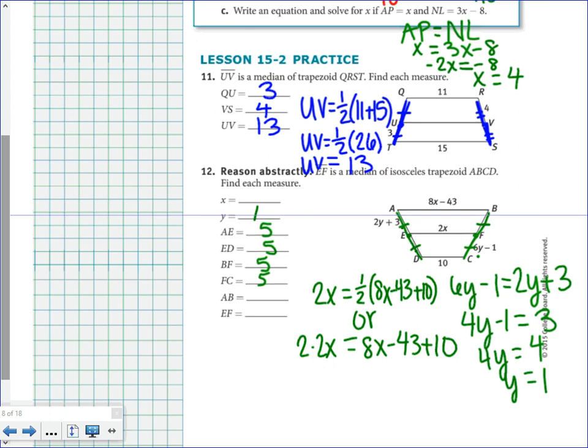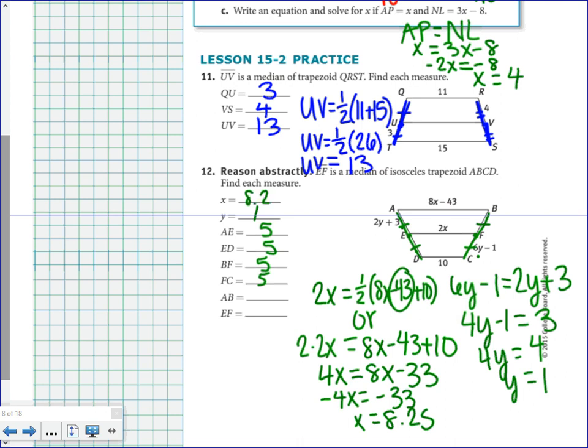I'm going to choose the bottom one just so that I don't have to take half of 43, but either way you'll get the correct answer. So 2 times 2x is 4x equals 8x minus 33. Subtract 8x to get negative 4x equals negative 33. And then when you divide by negative 4, you end up with a positive 8.25. So x is 8.25.